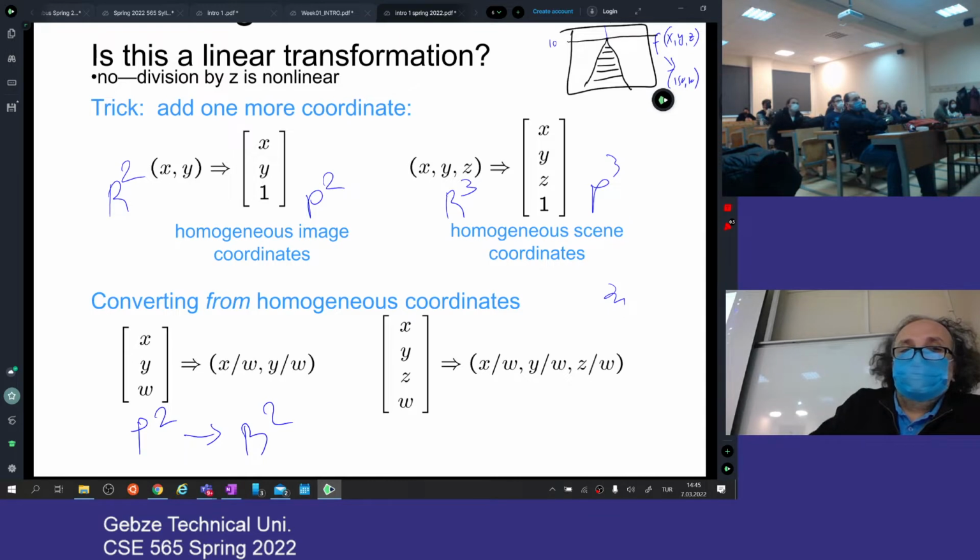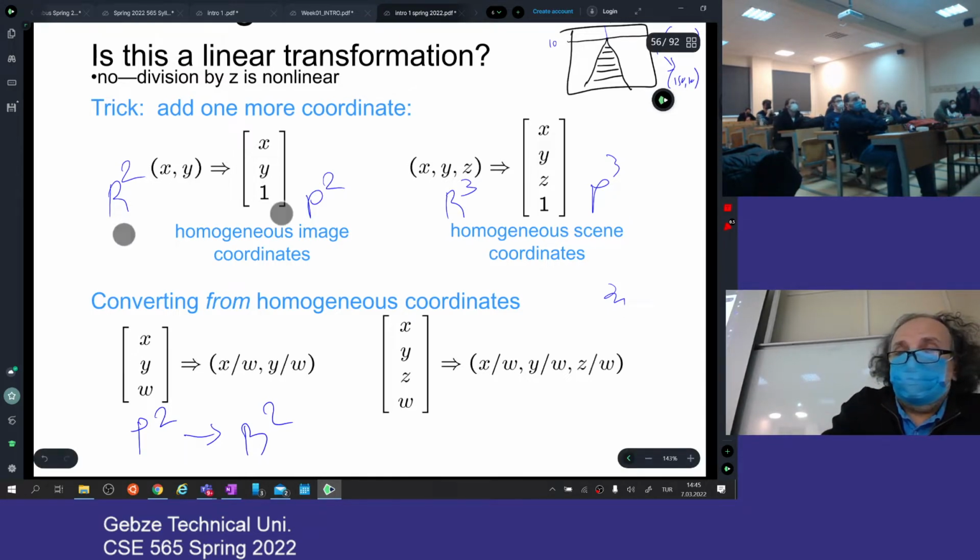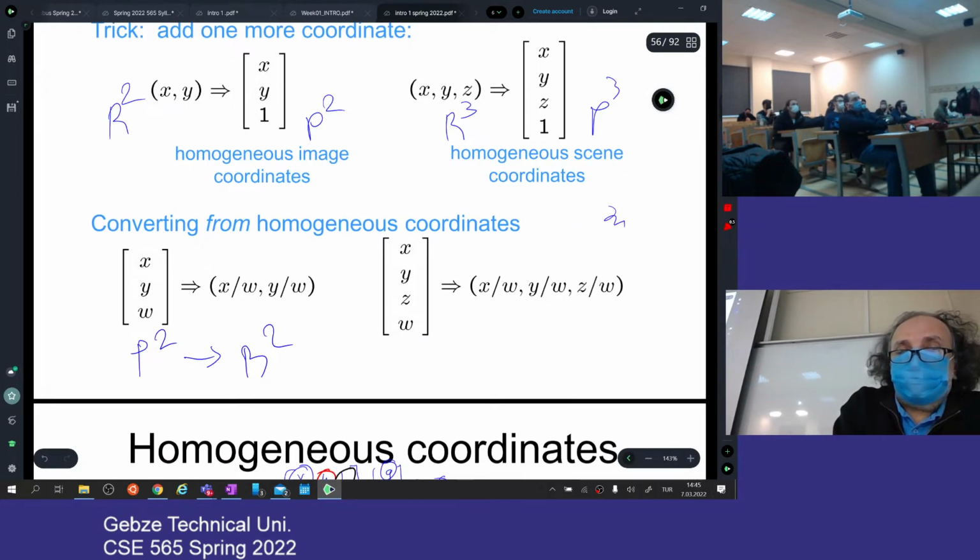That's what I did. So this is how you go from non-homogeneous coordinates to homogeneous coordinates in 2 dimensions and in 3 dimensions. How do I come back? To come back from homogeneous to non-homogeneous coordinates, I would just divide x by w, y by w. That's what I would get for 2 dimensions. For 3 dimensions, it is this.